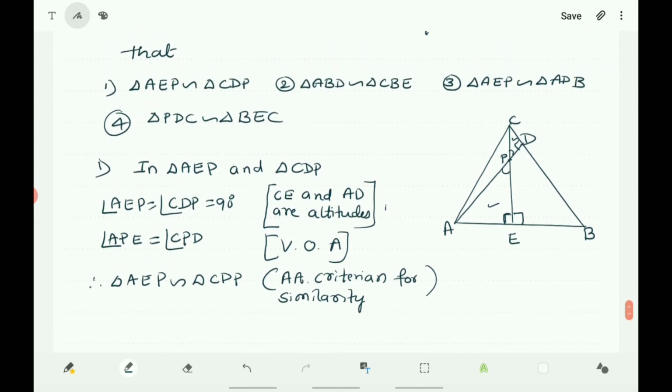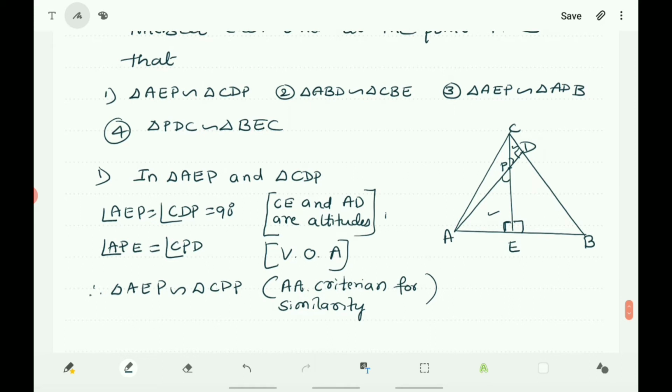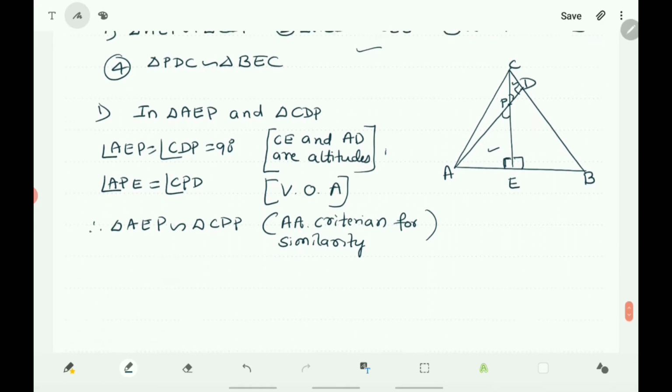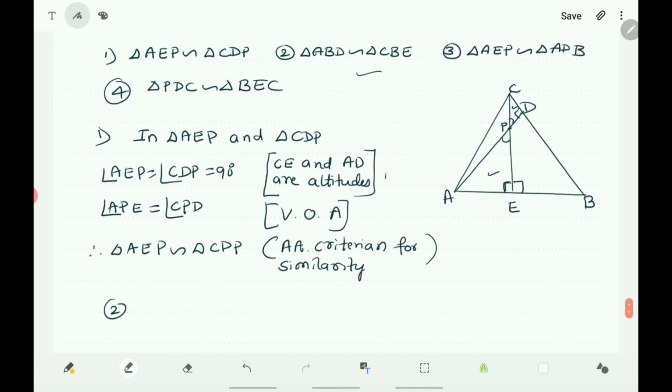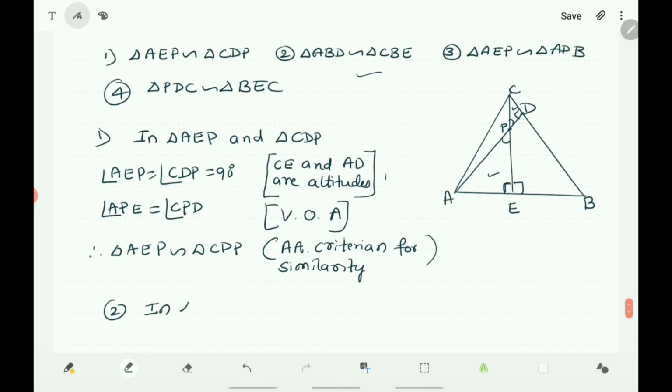Next you take, to prove triangle ABD is similar to triangle CBE. Second one, you take the triangles in triangle ABD and triangle CBE. Here ABD is this triangle, and CBE is again this triangle inside ABD, this big triangle here.